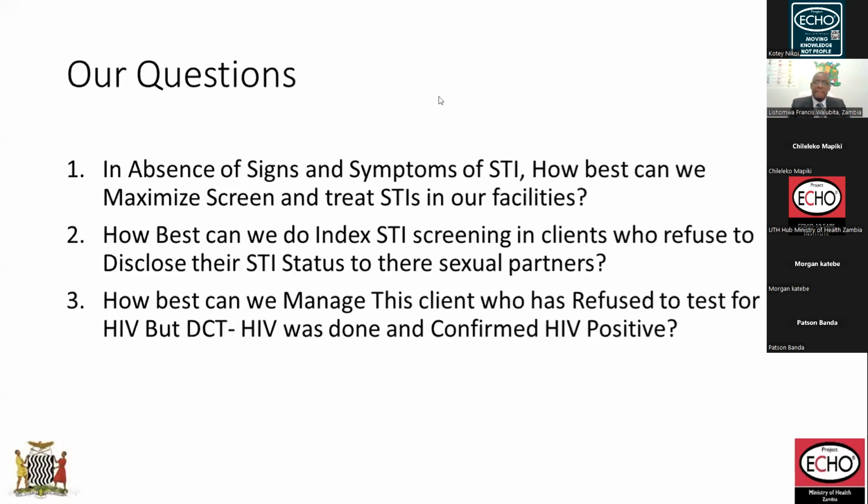Mr. Francis, would you like to take up this question, please? Looking at the presenting complaint, what prompted the team to do a VE? The issue of the VE came in after the facility realized that the RPR was positive, so they wanted to examine the client to see if there were any genital ulcers.